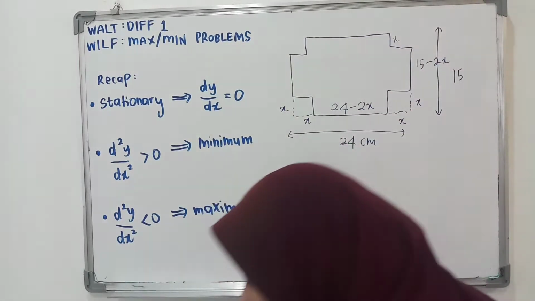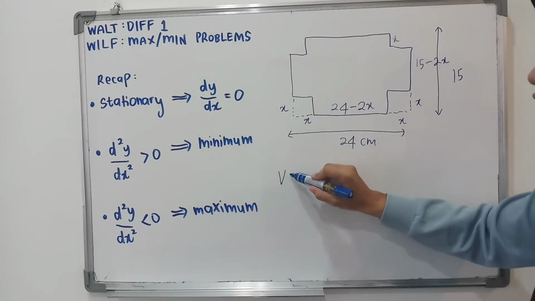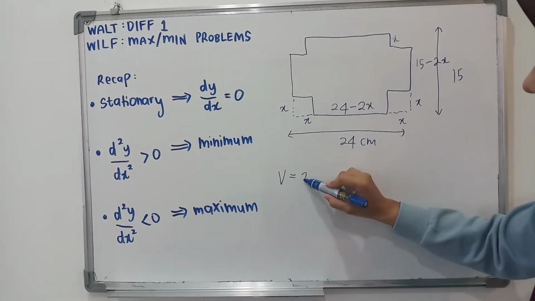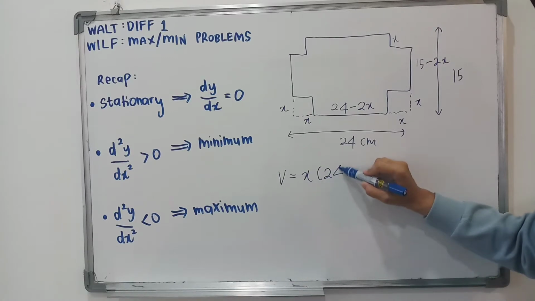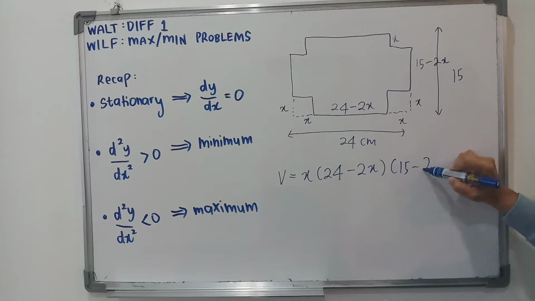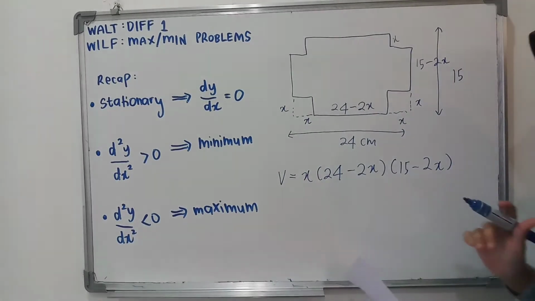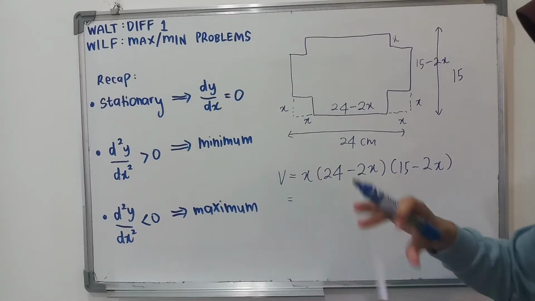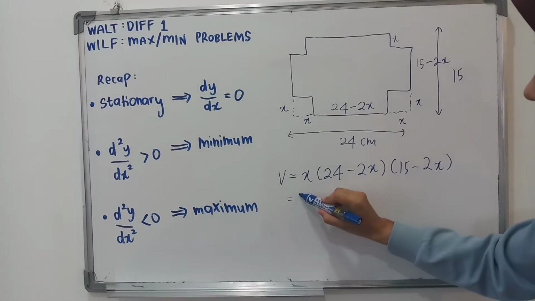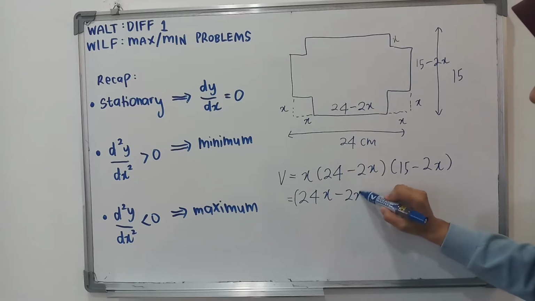Okay, so how to get the volume? We just multiply everything together. So the volume is equals to x times 24 minus 2x times 15 minus 2x. Okay, so you expand slowly, let's expand together. 24x minus 2x squared.